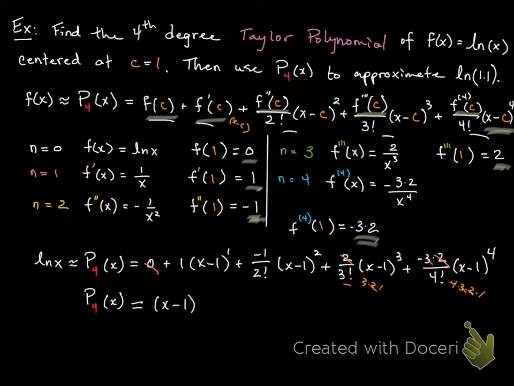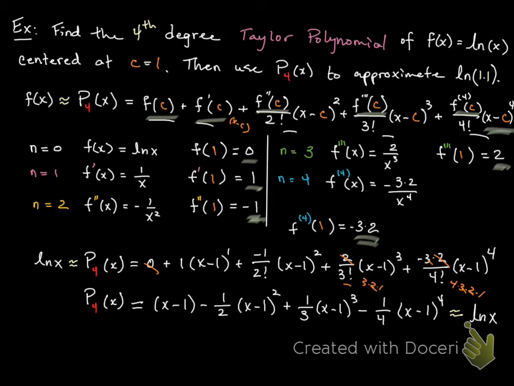It's just x minus 1. Minus 1 half, right? 2 factorial is 2. x minus 1 squared. Plus 2 over 3 factorial is a third, x minus 1 cubed, minus 3 times 2 over 4 factorial is just a fourth, x minus 1 to the fourth. And that's approximately natural log of x.